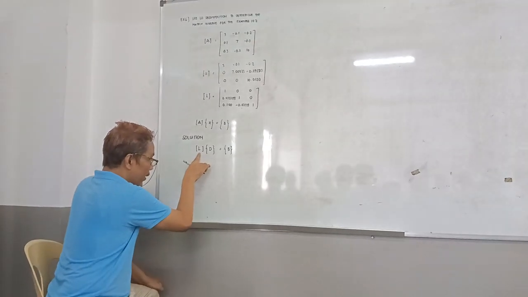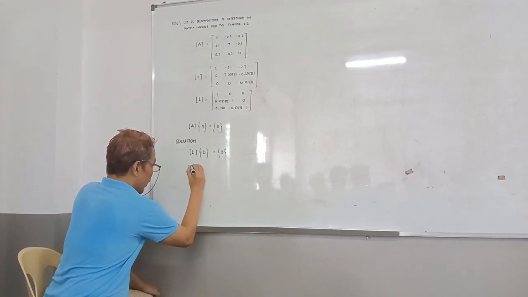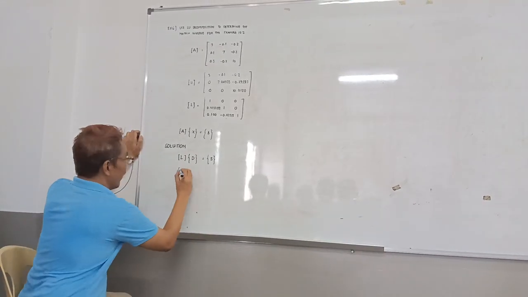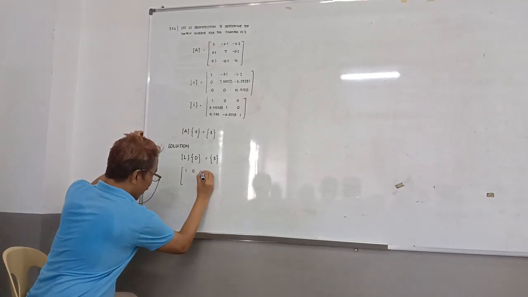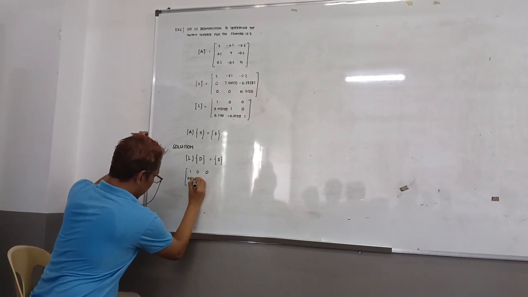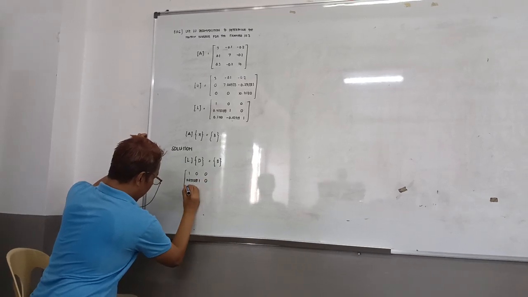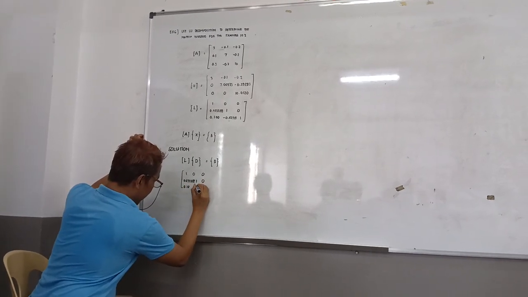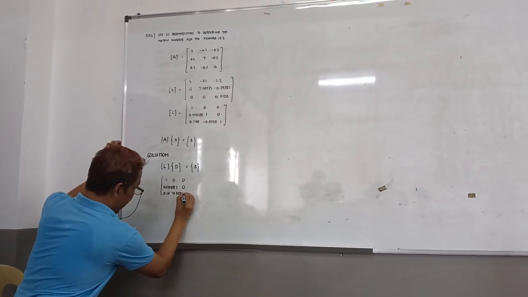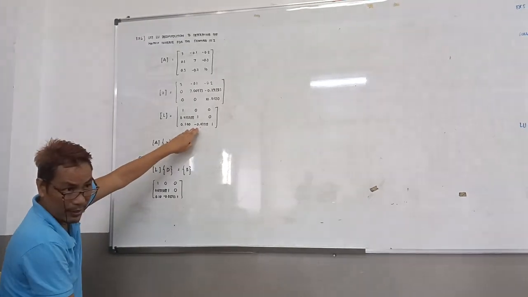Here we have a given, so we need to find D. Let's write down the given lower triangular matrix: 1, 0, 0; 0.033333, 1, 0; and 0.1, negative 0.02713, 1, which I have just copied from the given above.